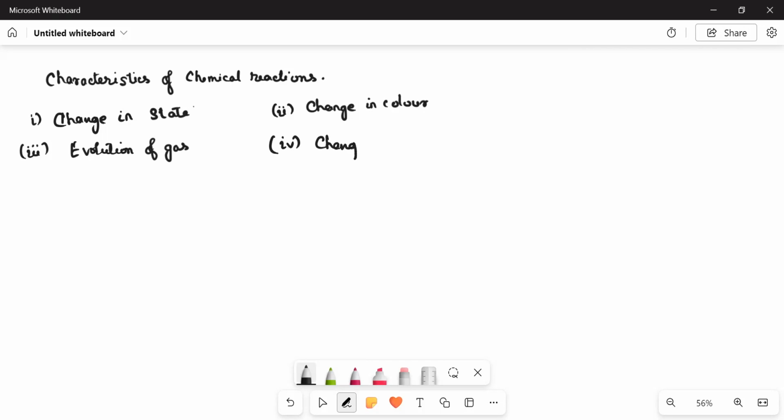We are going to learn something very new here. And then we have the last one, known as the formation of precipitate. So these are our 5 characteristics.